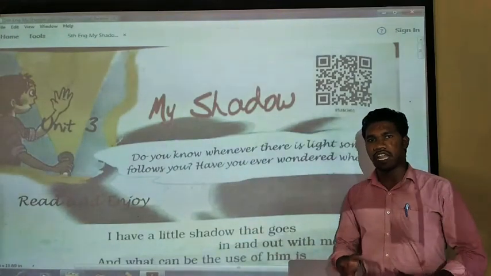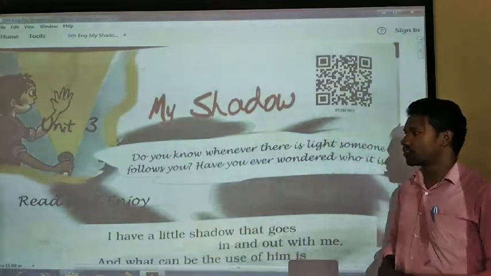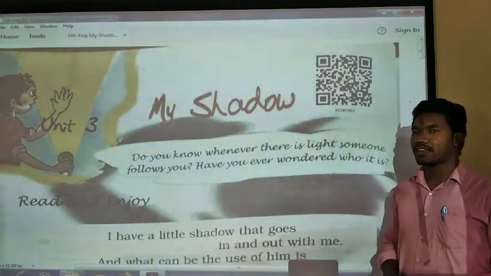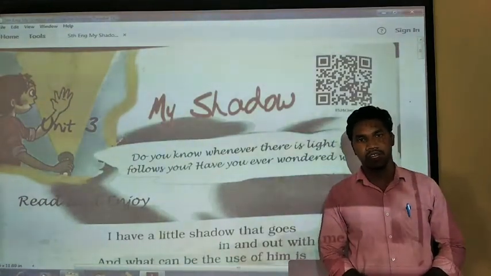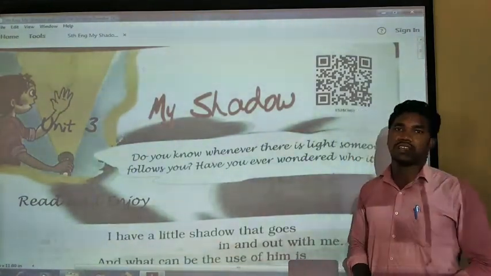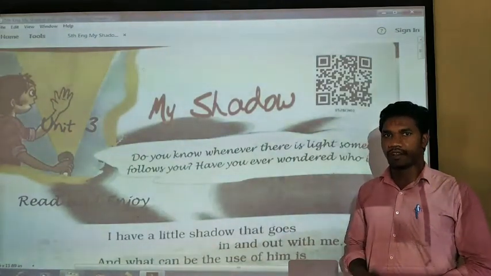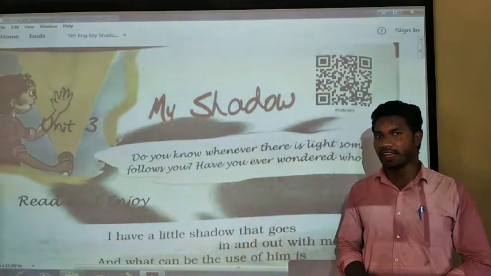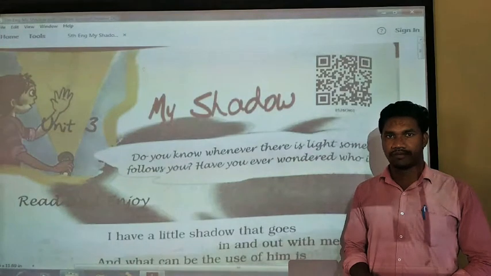Shadow looks like us only, but it is just a shadow. Yes or no? It is looking very like me. And whenever there is light, either sunlight or battery or electricity or any bulb, then only we can see our shadow.